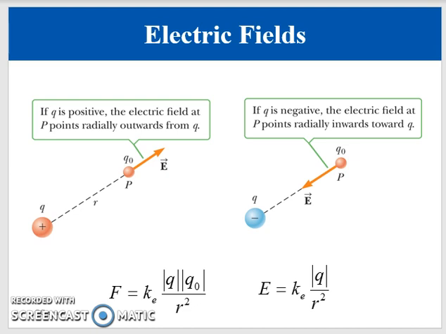Right, assuming that both sources, my positive and my negative sources, had the same amount of charge, and I go the same distance from them, I would still measure the same magnitude of the electric field at those points. It would just happen that the field in the positive Q case would be pointing away from the charge, away from Q, and in the negative case, it would be pointing toward Q.